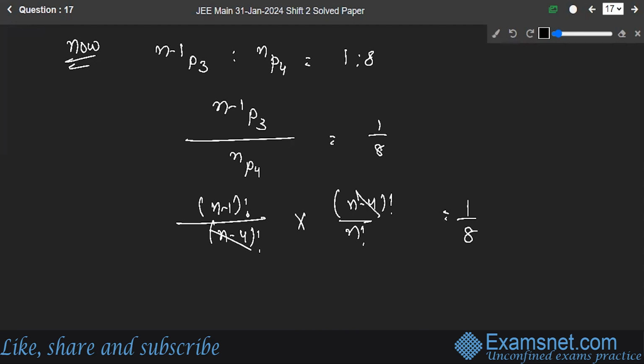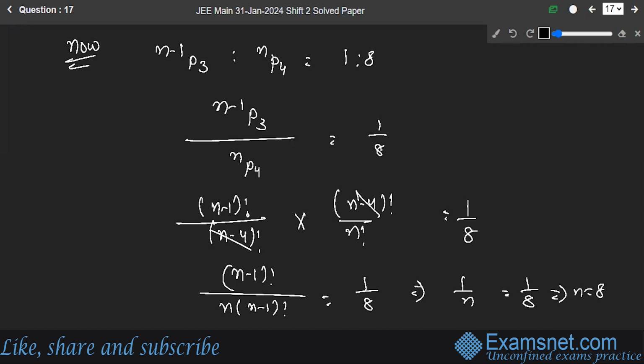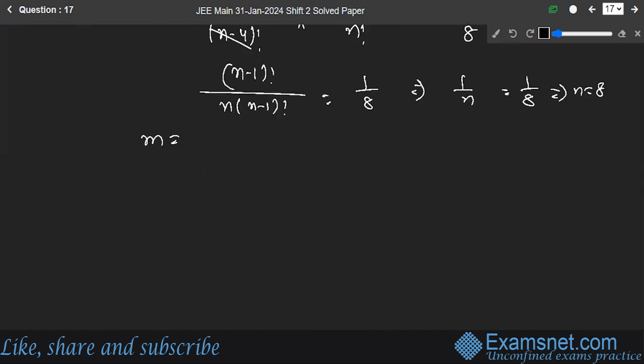This will cancel and you will have (n minus 1)! upon n into (n minus 1)! is equal to 1 by 8. This gives me 1 by n is equal to 1 by 8, or n is equal to 8. I got the value of m as 2, n is equal to 8.